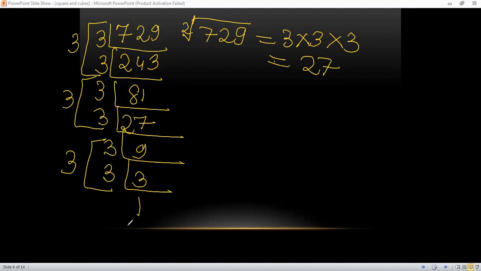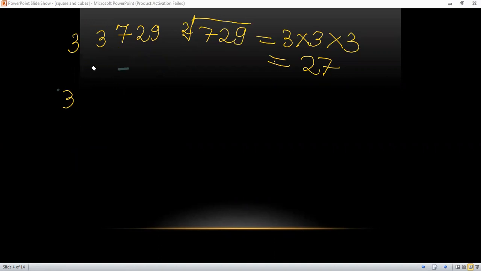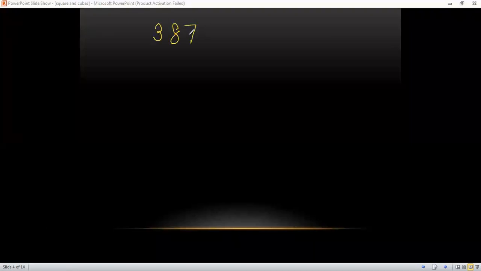Now let's take another example, and we will see whether the number for which we are finding the square root has one. 3872. Now let's find the factors of the number.